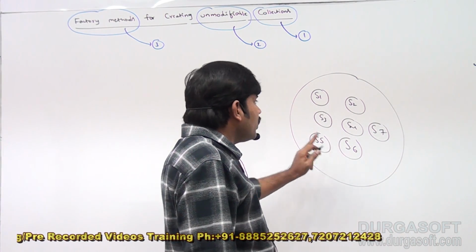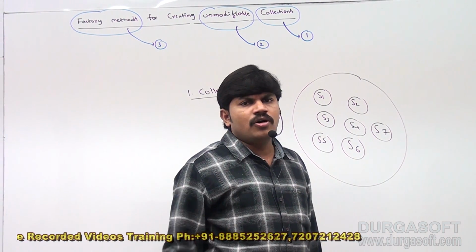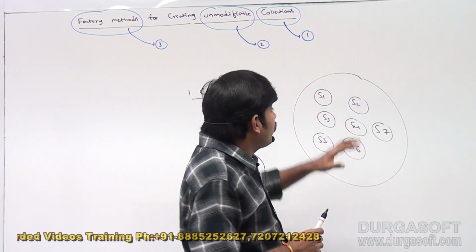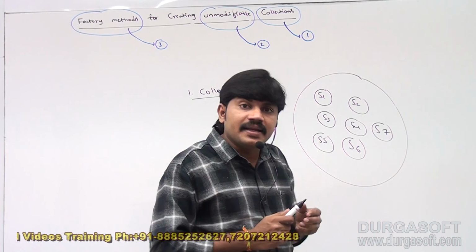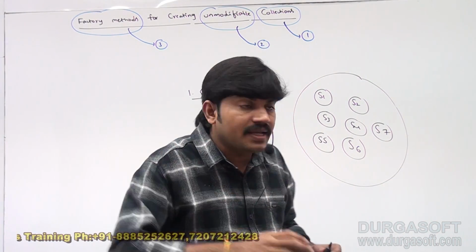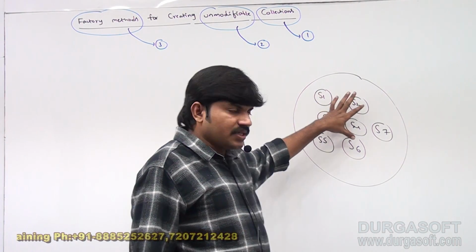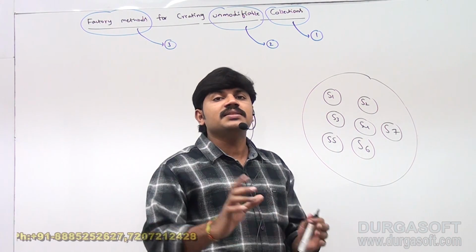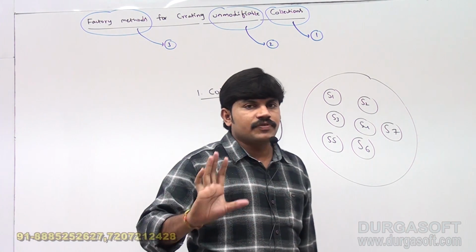Then we should go for collection. What is collection? If you want to represent a group of individual objects as a single entity, then we should go for collection. A group of objects as a single entity itself is a collection.